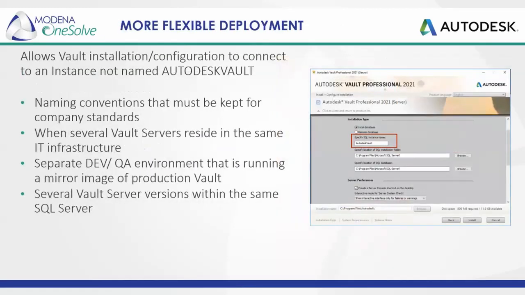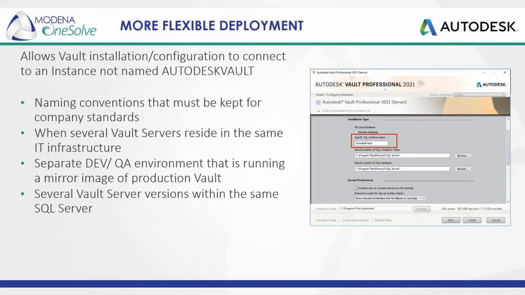Vault can now connect to a SQL database instance not named Autodesk Vault. There are a couple of use cases here. Previously, when we set up SQL instances, we had to set them up with Autodesk Vault names. Going forward, they've taken that away, so there's no need to set up that Autodesk Vault instance with that particular name. One use case is where we have several Vault servers residing in the same IT infrastructure.